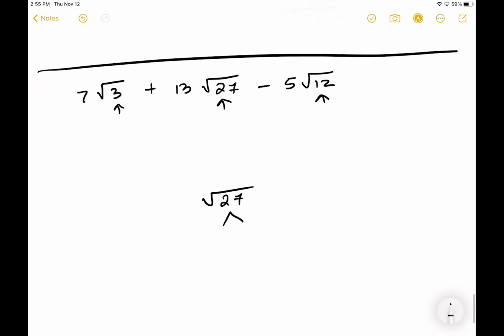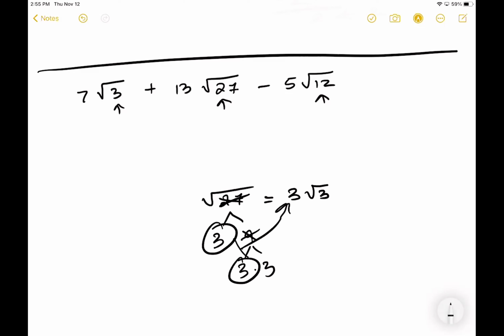Everybody agree that we have 3 times 9 and then 3 times 3. The square root of 27 is the same as 3 square root of 3. I can take out one of the 3s, and there's a leftover 3 in here.